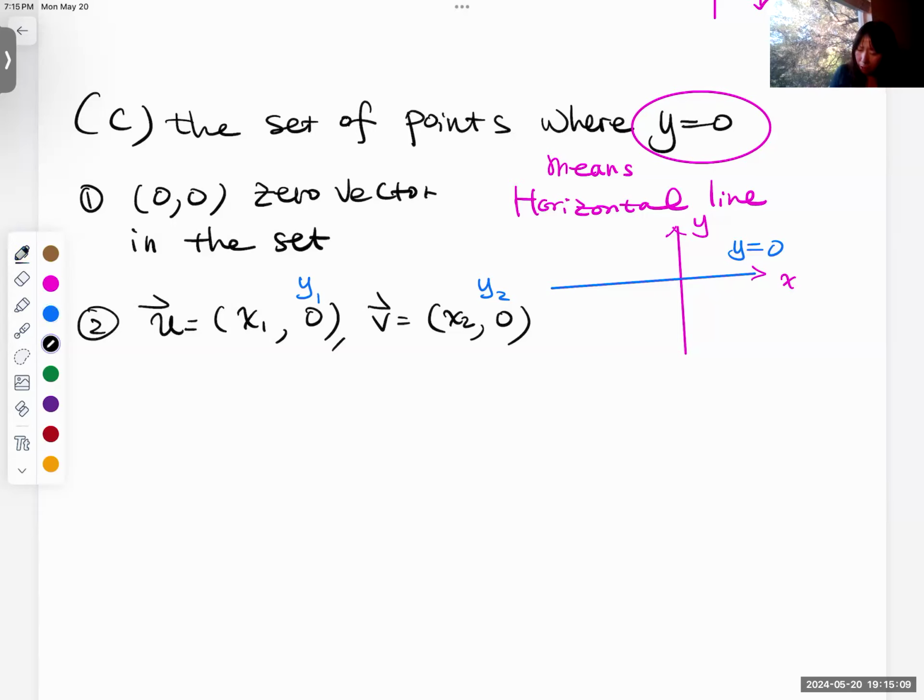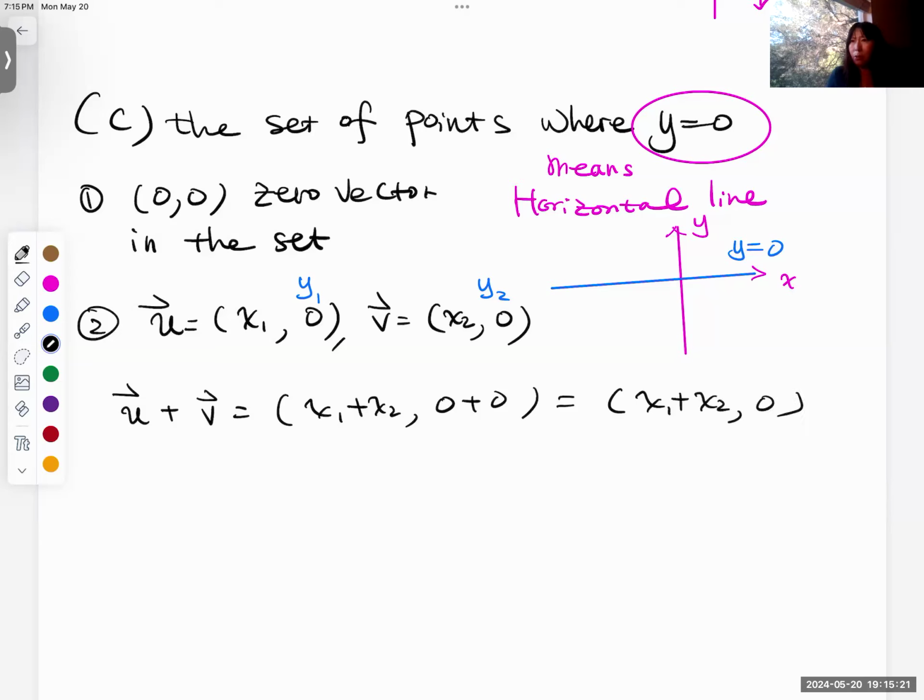All right, so then u plus v, which is x sub 1 plus x sub 2, 0 plus 0, which is x sub 1 plus x sub 2, 0. So then this is the form of y equal to 0, right? So it's closed under the addition.